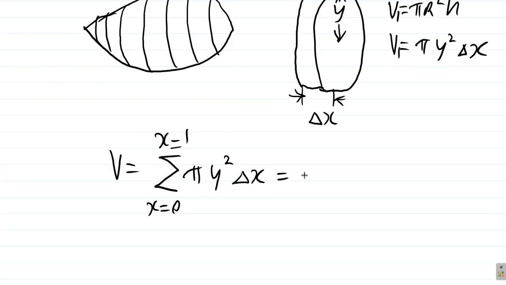Now we can put the pi outside the summation. It's a constant, so we can do that.